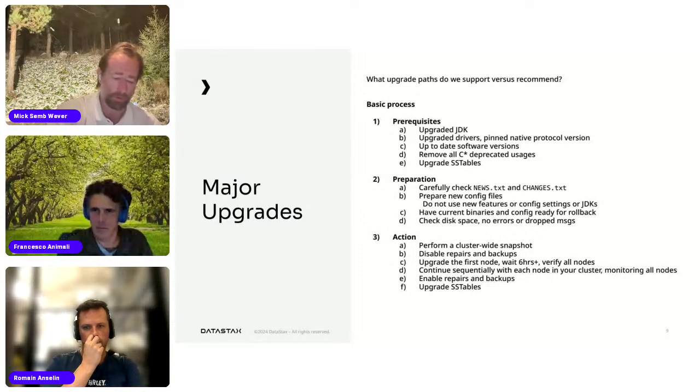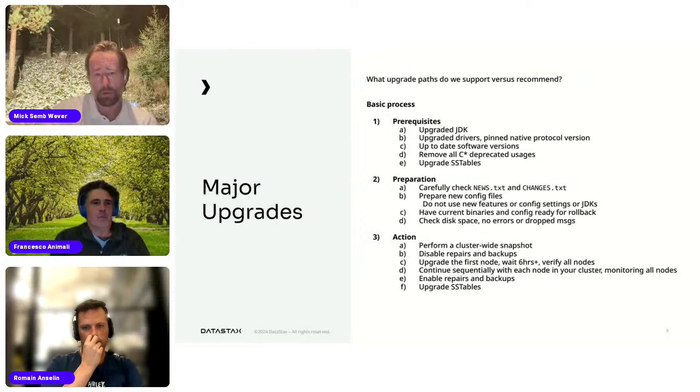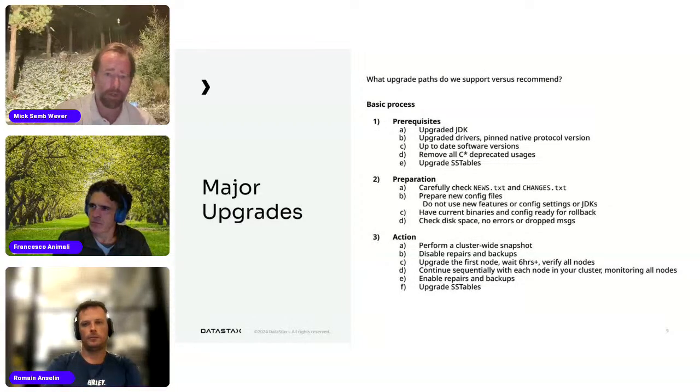and that we support. So when you're doing an upgrade, always first upgrade to the latest patch version on the major version that you're on. So if you're on 3.11, upgrade to the latest 3.11 first.